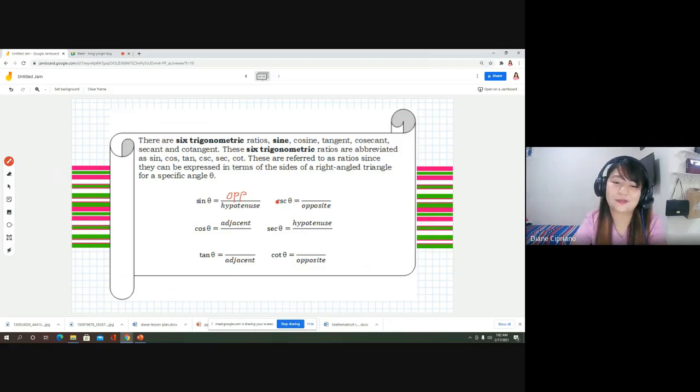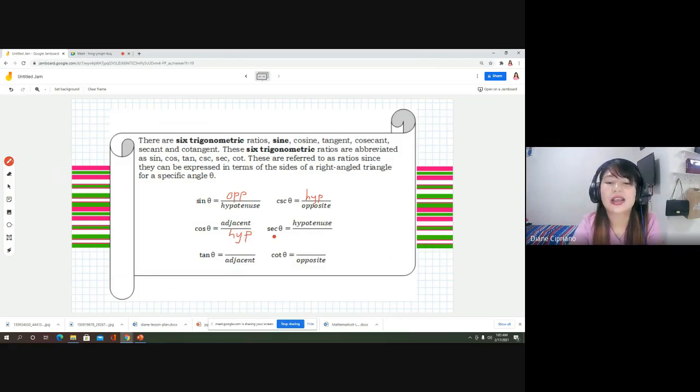And of course, its reciprocal is hypotenuse over opposite, or the cosecant. For cosine, it is equal to adjacent over the hypotenuse, or the Cah, C-A-H.